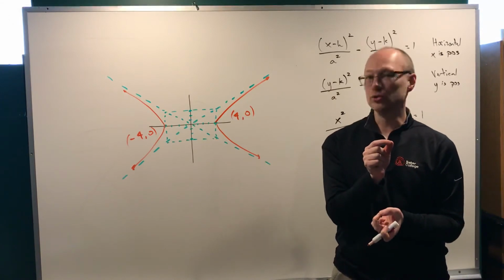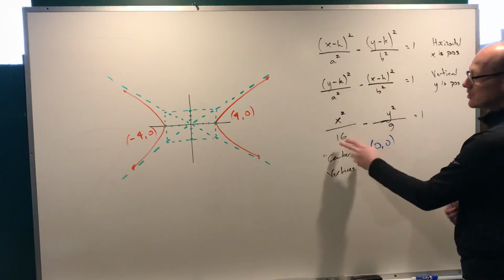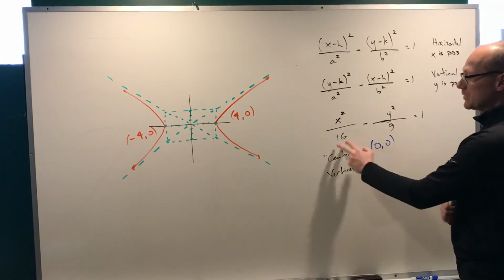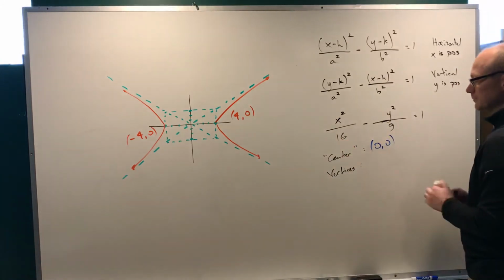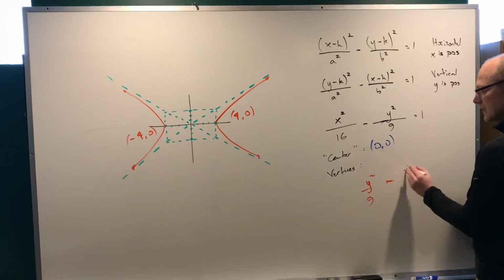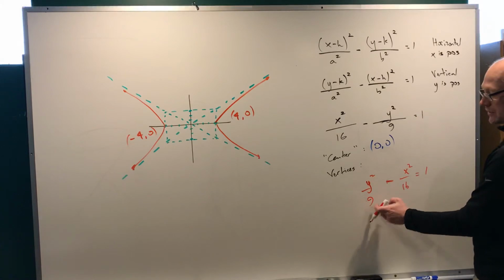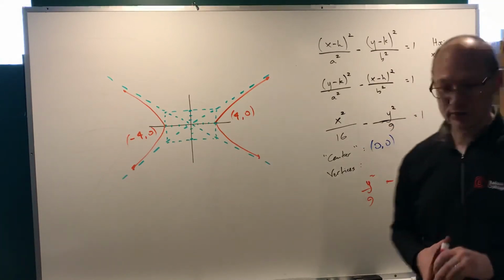If it had been vertical, you betcha, it sure would have been. So how do you know? Well, the vertices are going to be the plus or minus along with the variable that's positive. This is plus or minus 4, 0. If it had been y squared over 9 minus x squared over 16 equals 1, it would have been 0, plus or minus 3.